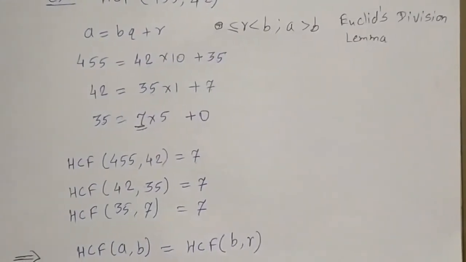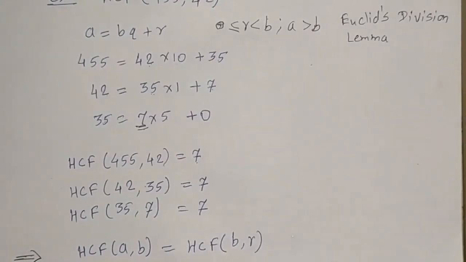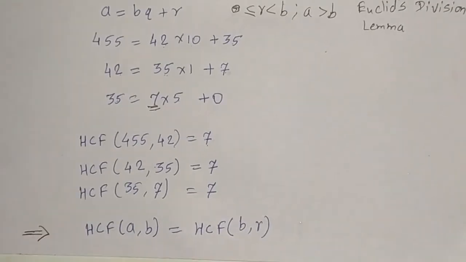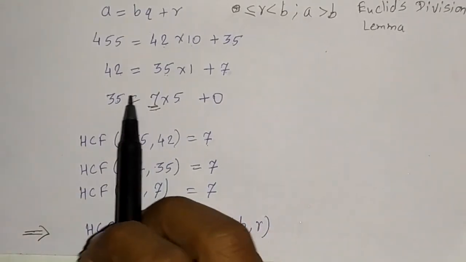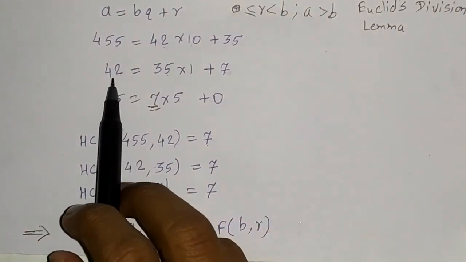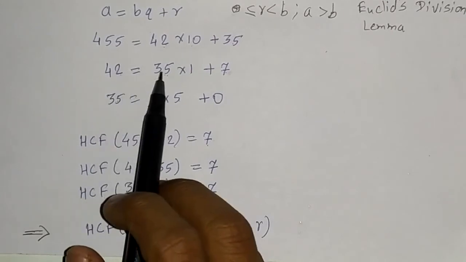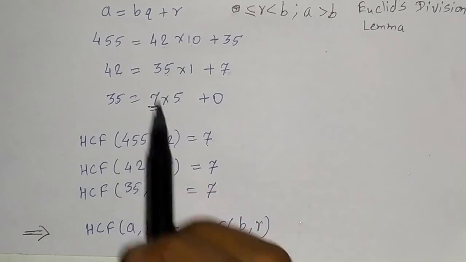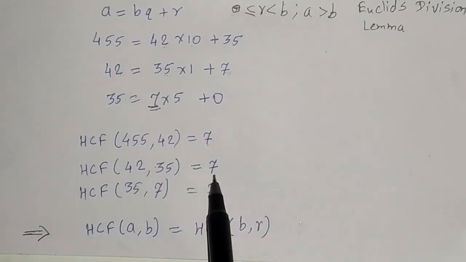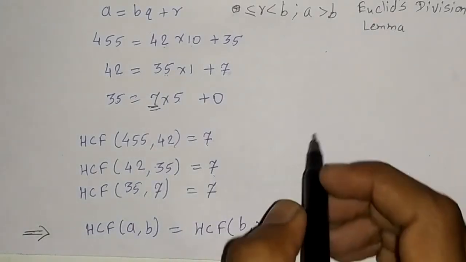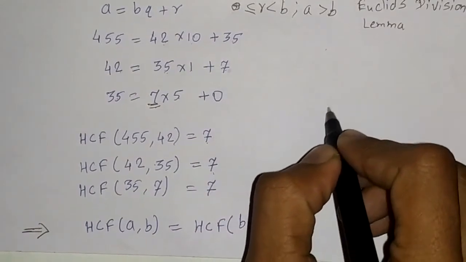Now focus on the HCF of 42 and 35. If you find the HCF of 42 and 35 by prime factorization method, you will get the answer as 7. Let us factorize 42.